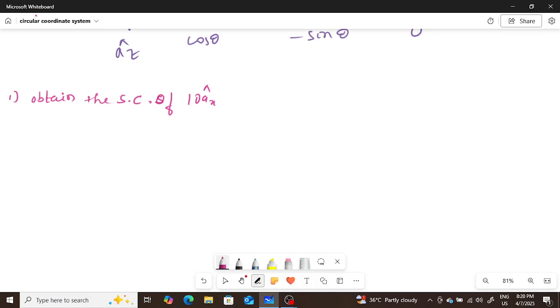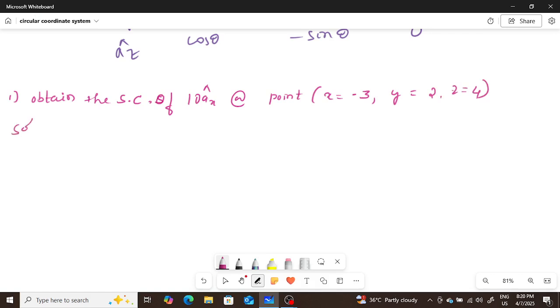The given vector is in Cartesian coordinates at a point x equals -3, y equals 2, z equals 4.